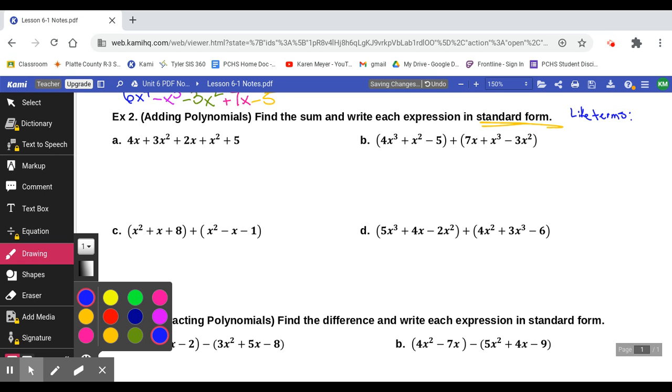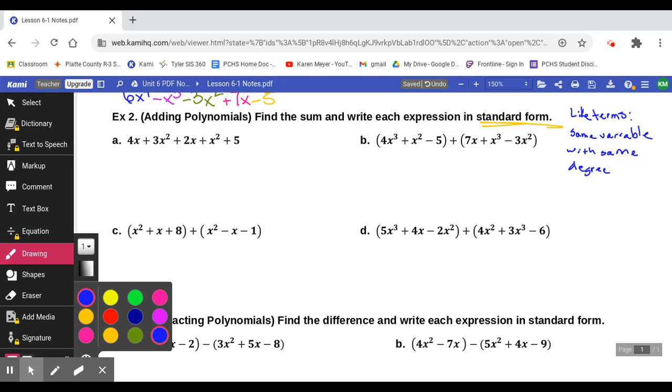Like terms means that you have the same variable with the same degree. So only an x to the 3rd can be put with an x to the 3rd. Only an x can be put with an x. Only a plain number can be put with a plain number.